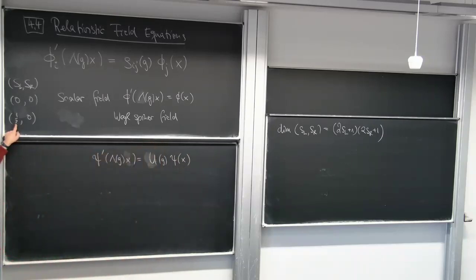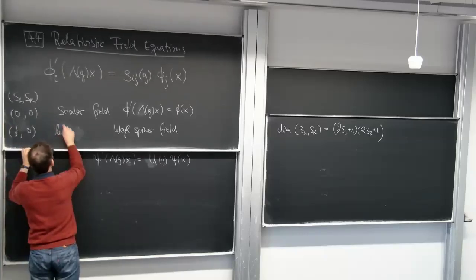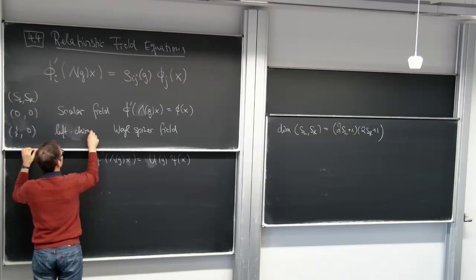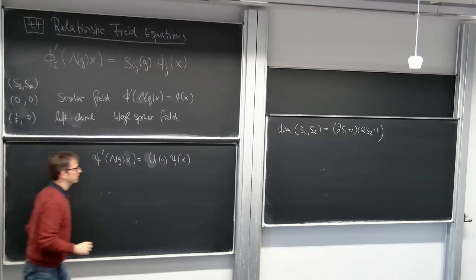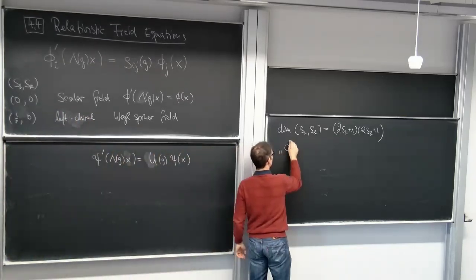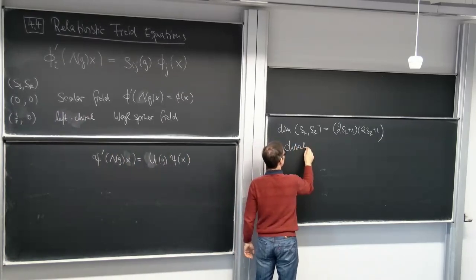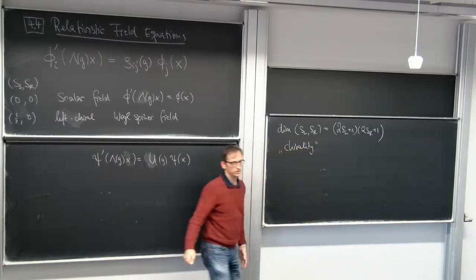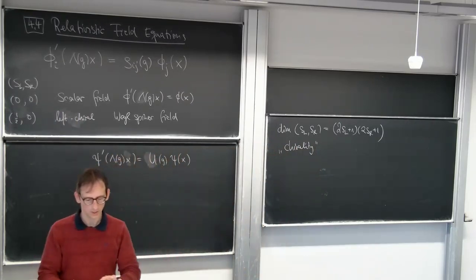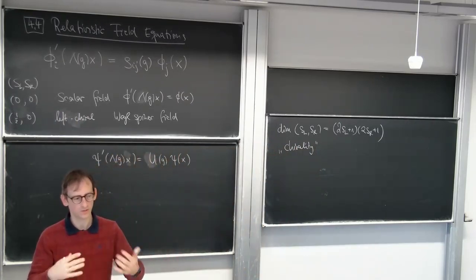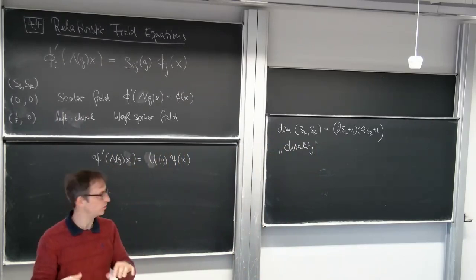Now, since you could have picked the 1/2 in the second spot, it'll be basically the same thing, just a copy. We have to give these names. If it's on the left-hand side, you call it left chiral. Chirality is a term that people invented to say that there are things that look similar, dimensions the same, behavior pretty much the same, but not exactly.